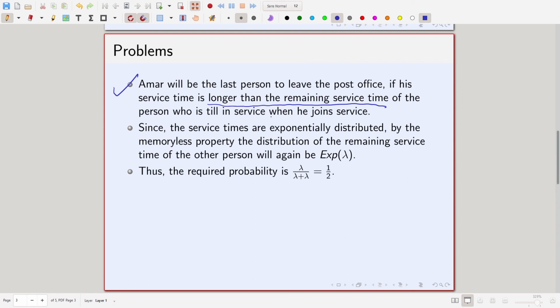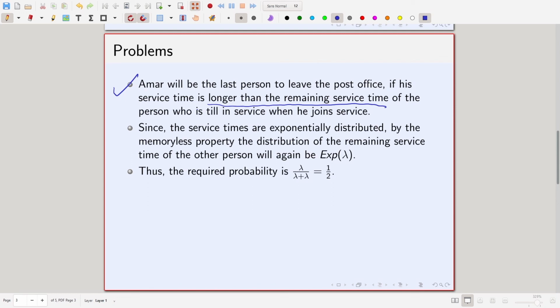So, the person who is still in service, his remaining service time should be lesser than the service time of Mr. Amar, or in other words, Mr. Amar's service time should be longer than the remaining service time of the person who is still in service when Mr. Amar joins service. But now, since the service times are exponentially distributed, you know that exponential distribution has this memoryless property.